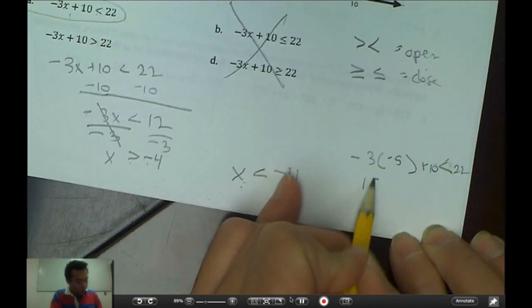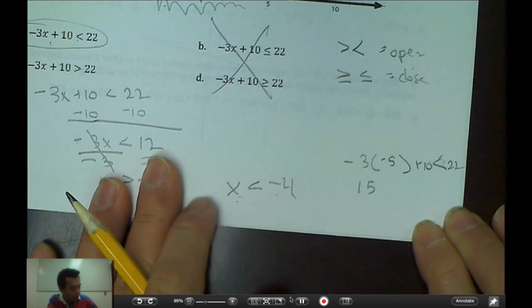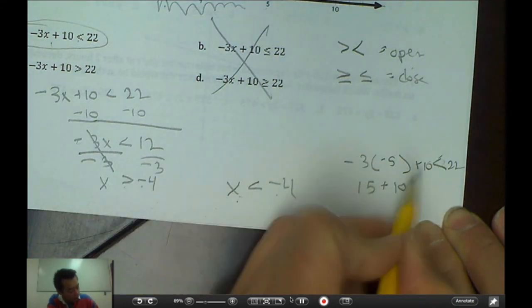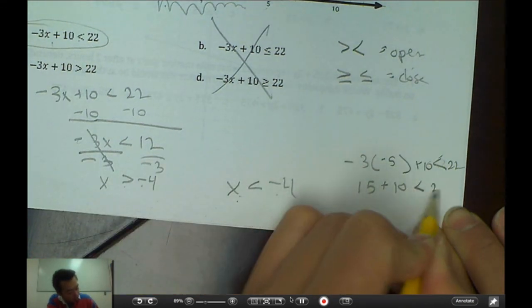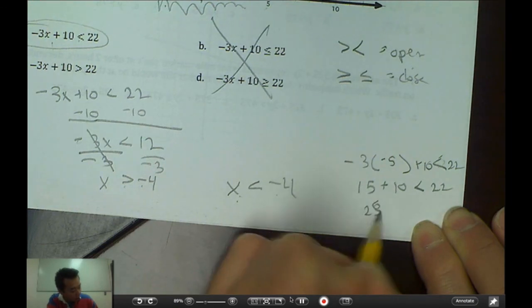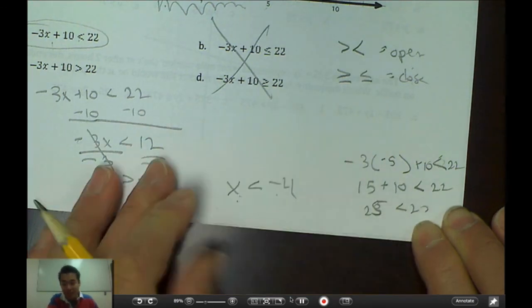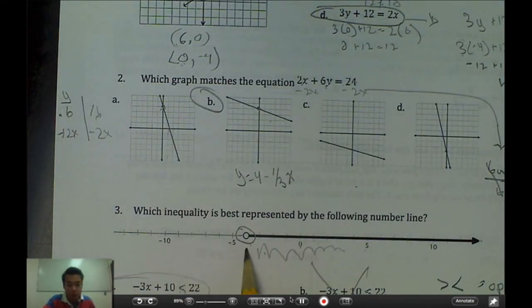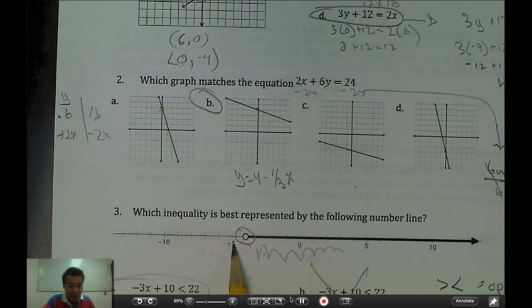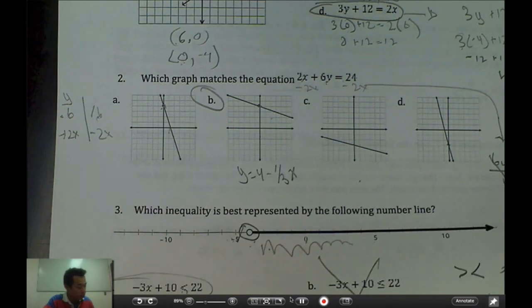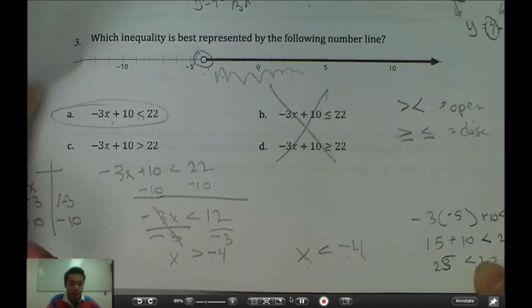We have 15. Negative 3 times negative 5 is 15. Plus 10 is less than 22. And right away, that's 25 is less than 22. That does not work. So right away, I know that negative 5 is not part of my solution. So the only one that would work would be A.